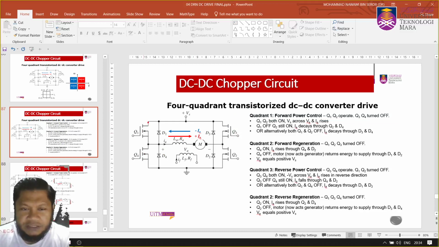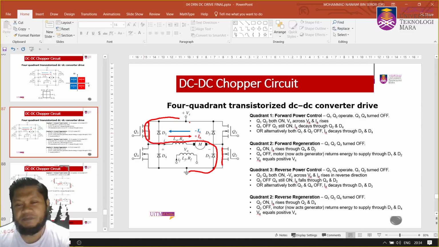It will appear as a short circuit here, and therefore current will flow in that direction, coming back and going to ground, straight from the supply voltage. You can see that Vs is across VA. If you measure that, it will equal Vs, and current flows in that direction and current rises. Okay, so that's the first state.